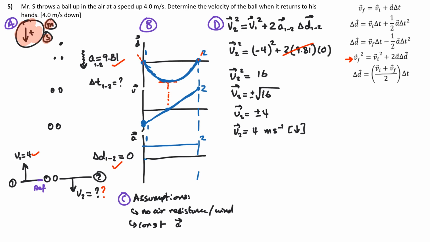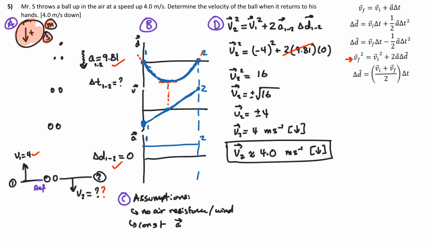The displacement when it reaches Mr. Shatteri's hand is for sure going to be 0, an infinite number of significant figures. So my least is 2, and my final answer is only good to 2 significant figures. So that's 4.0 meters per second acting downwards, and that is my final answer here.